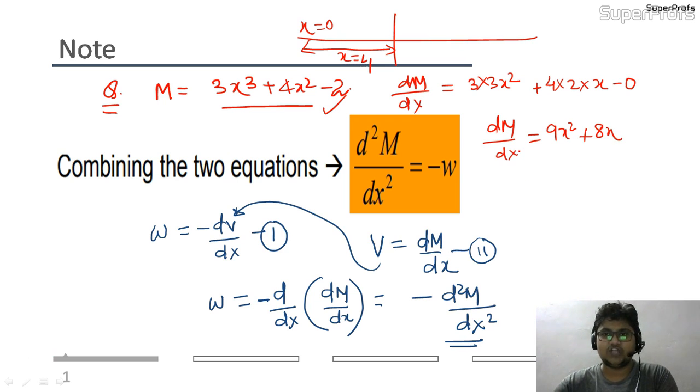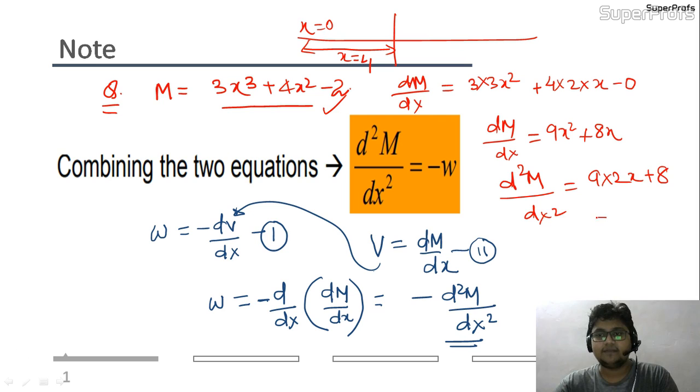Our purpose is not solved yet because we are asked to find the loading intensity. To find it, you have to differentiate this expression once more. So d2M by dx2 is 9 into 2 into x plus 8, which comes out to be 18x plus 8.